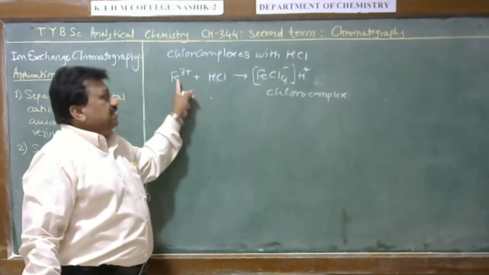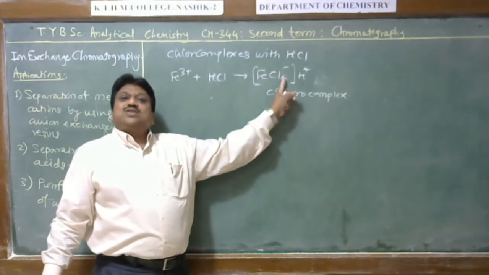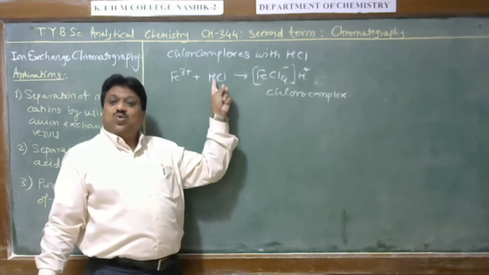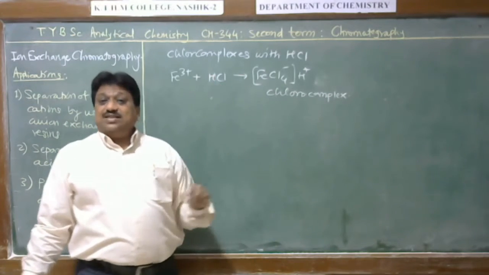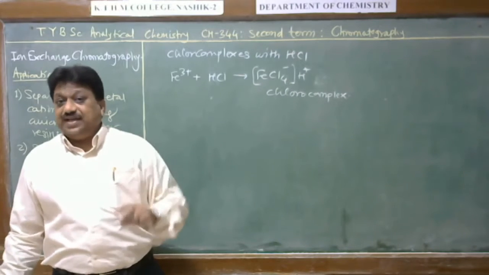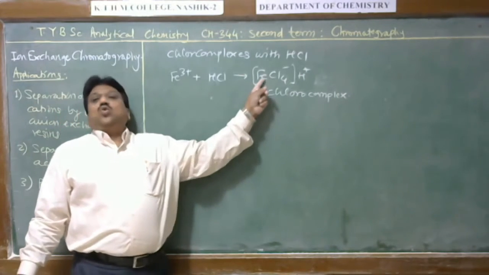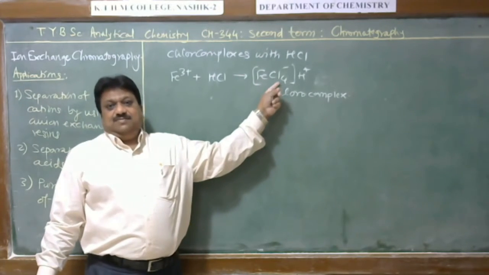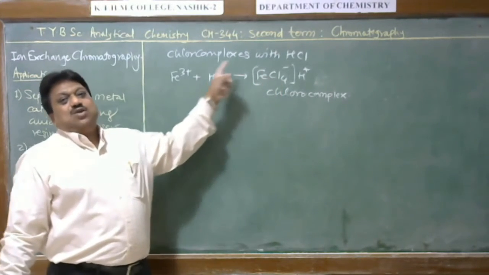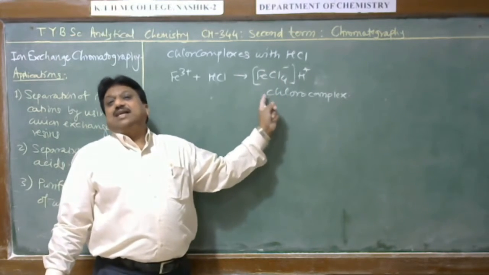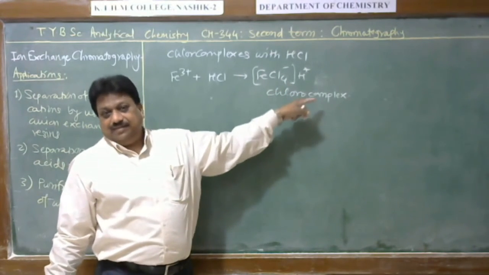In this case, the stability of the chloro complex depends upon the concentration of hydrochloric acid. If the concentration of hydrochloric acid is altered, whether decreased or increased, then that particular chloro complex breaks or gets disturbed. If the chloro complex of that particular ion breaks, it is immediately converted into its cation.